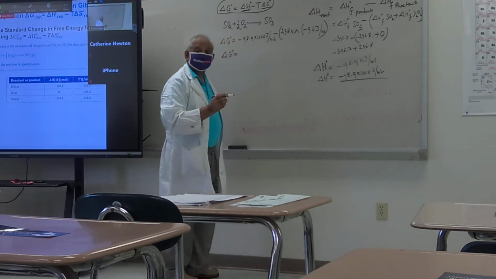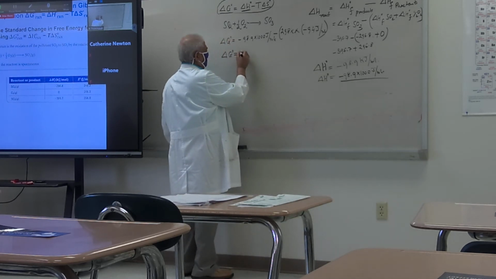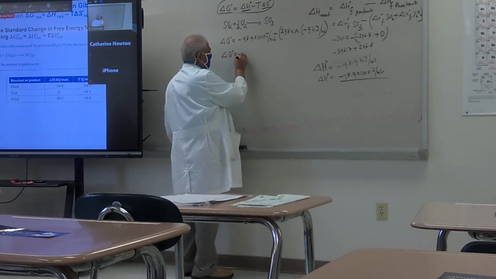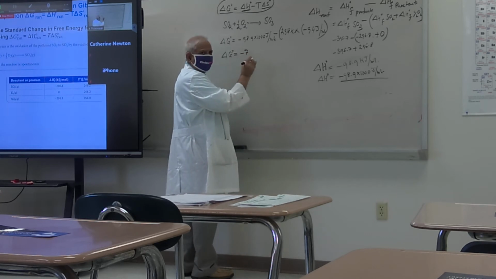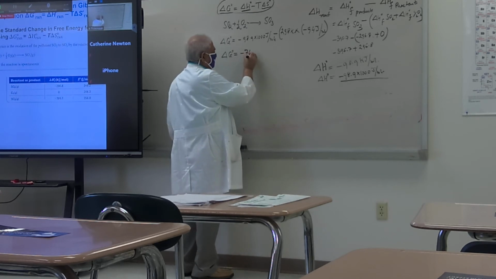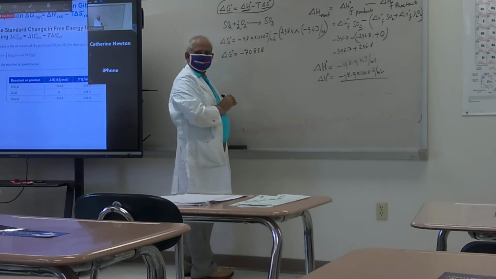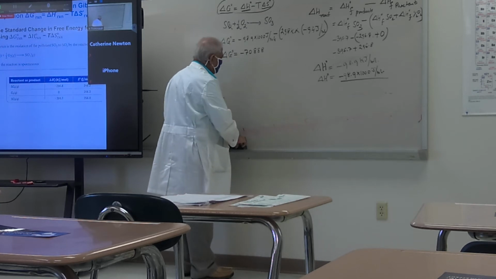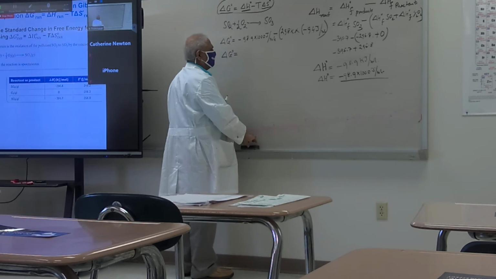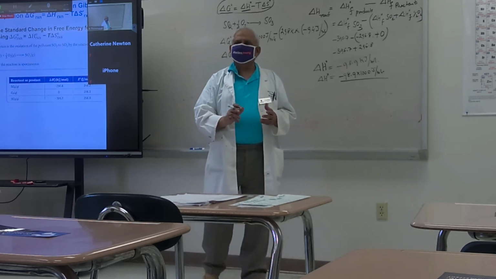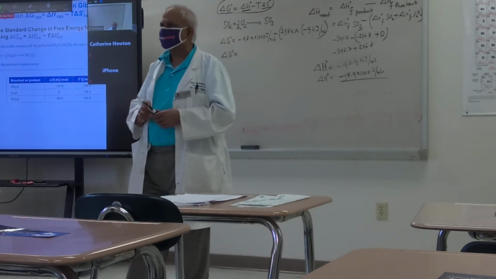So what is the final answer? Negative 70,888. I got 27,930. I don't know what kind of calculators you all have. Everybody comes out with different numbers.